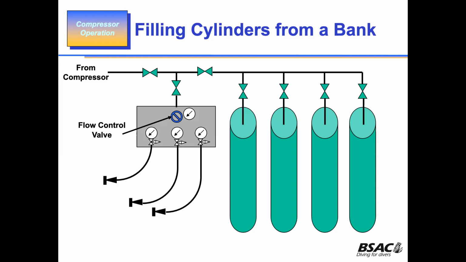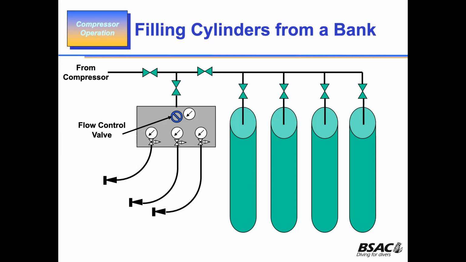All right. So when you're filling from a bank, it depends how many banks and how you do it, right? But when you're filling from the bank, you would then have a flow control valve, and then gauges, and then a whip for each of the cylinders that you can fill. We had 8 whips, right?